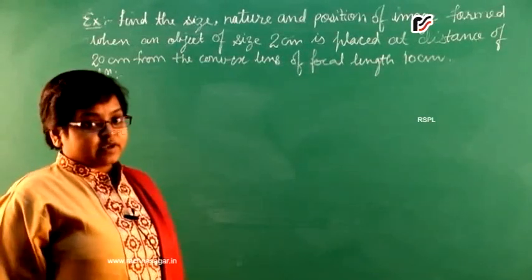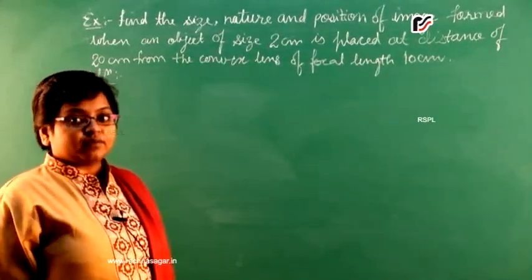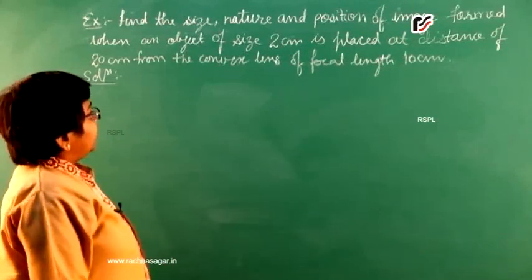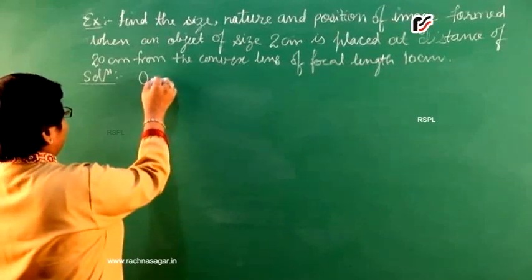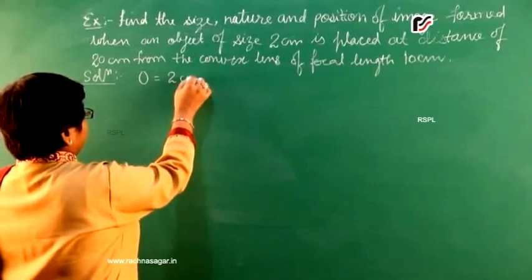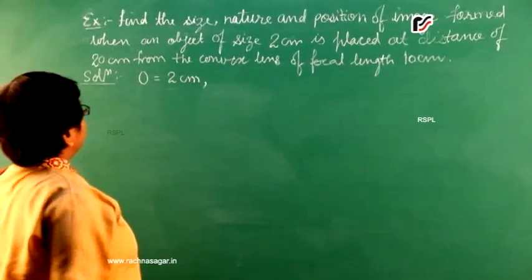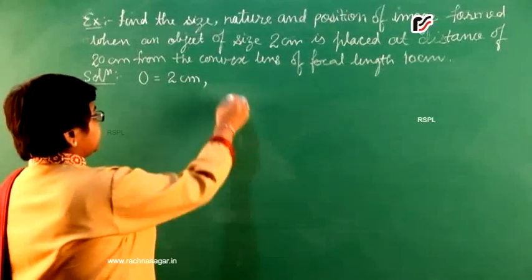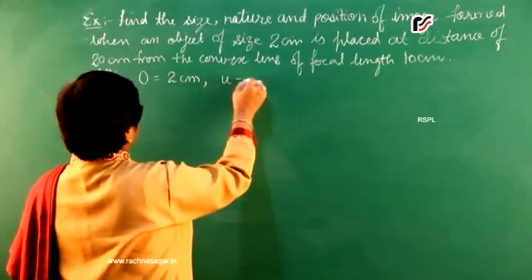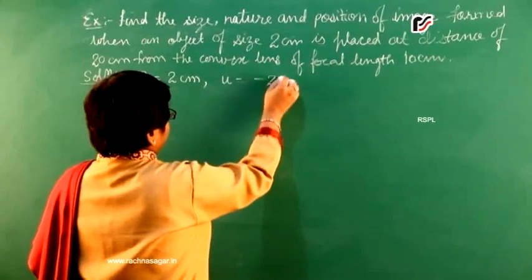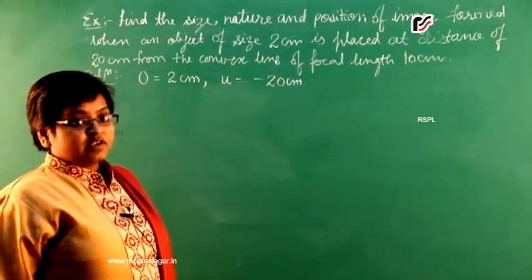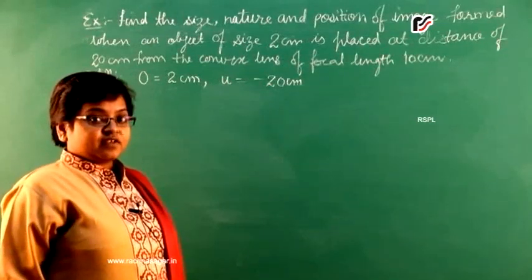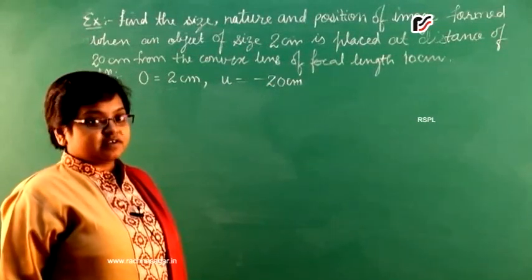First we analyze what is given and what we have to find out. Here the size of object is given, O is 2 cm, distance of object from the lens U is minus 20 because object is placed in the left side of the optical center of the lens.